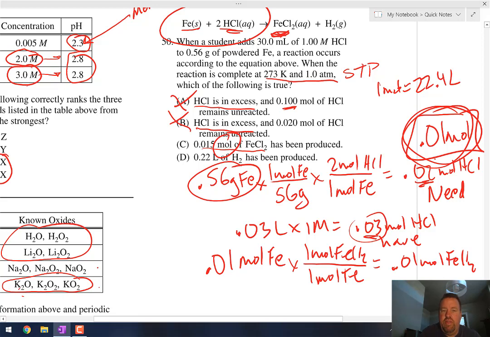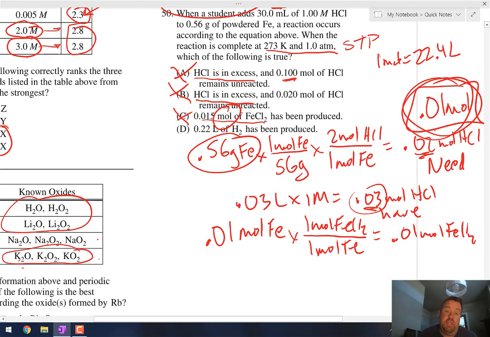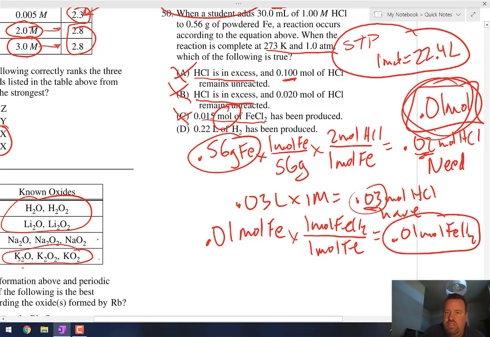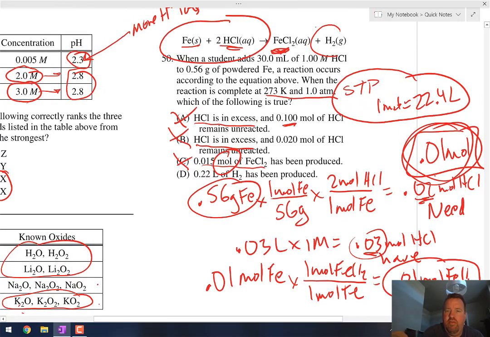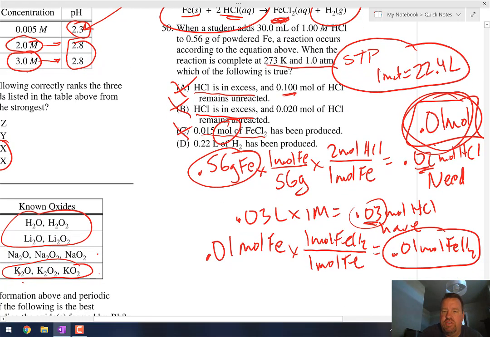Okay, so that says 0.015, so C is a no. So at this point, you can stop and say, well, D has to be the right answer then. Or you remember that, again, at STP, 1 mole of any gas has a volume of 22.4 liters. So remember, we did produce 0.01 moles of FeCl2. And we also know that 1 mole of hydrogen gets produced as well.